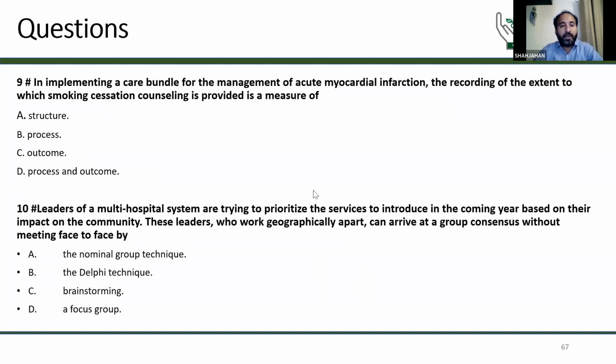Question number 9. In implementing a care bundle for management of acute myocardial infarction, the recording of the extent to which smoking cessation counseling is provided is a measure of.